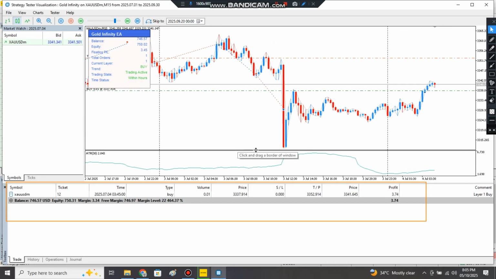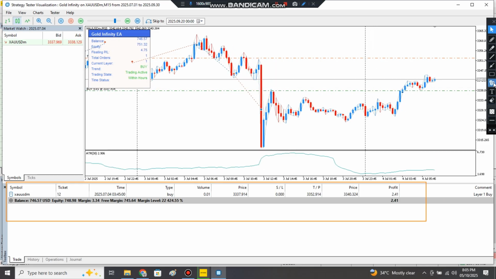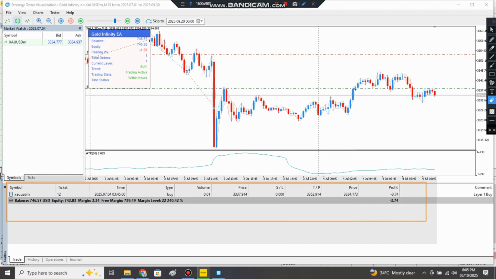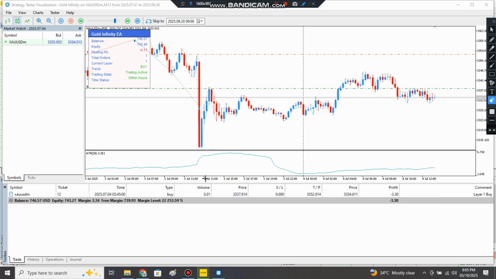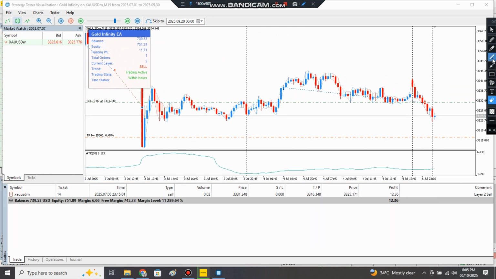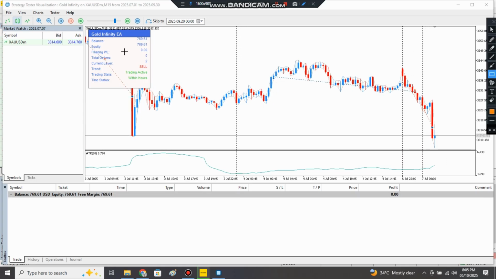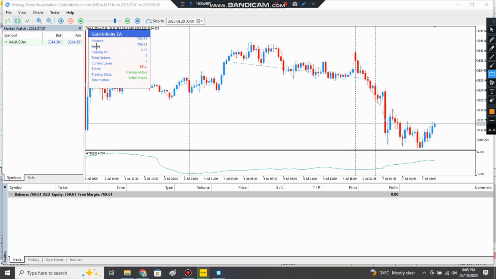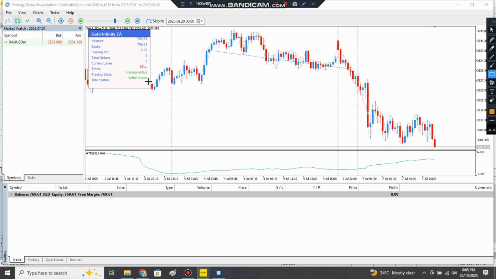In today's trading world, everyone is chasing the perfect system, a system that promises to turn a small account into a fortune. Every day, new expert advisors appear on the market, each claiming to be the next revolution. But how many of them actually work in the live market?